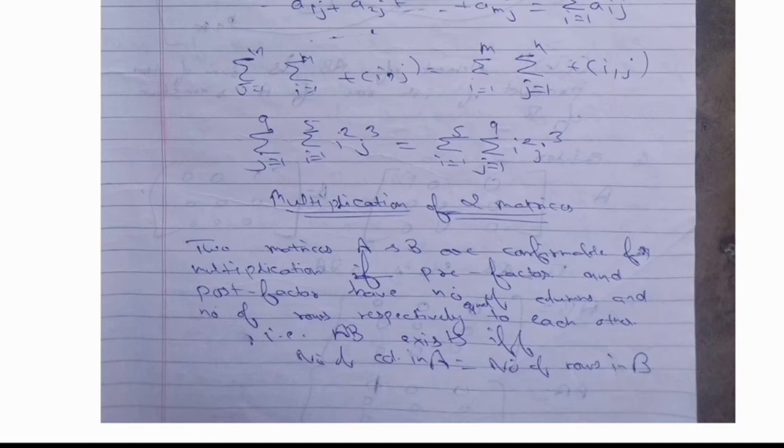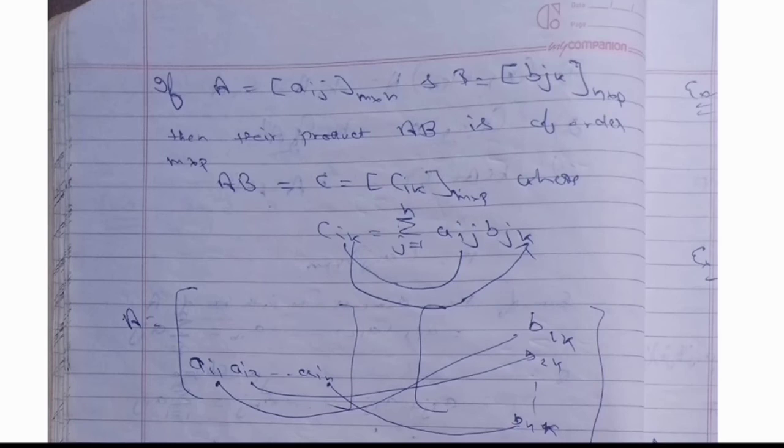Multiplication of two matrices. Two matrices A and B are conformable for multiplication if prefactor and postfactor have number of columns and number of rows respectively equal to each other. That is, AB exists if and only if number of columns in A is equal to number of rows in B. If A is a matrix whose entries are like Aij of order m cross n and B is a matrix of order n cross p whose entries are like Bjk, then their product AB is of order m cross p.